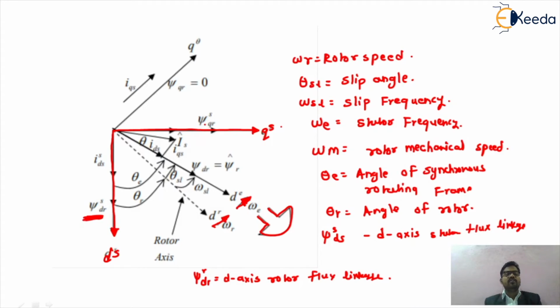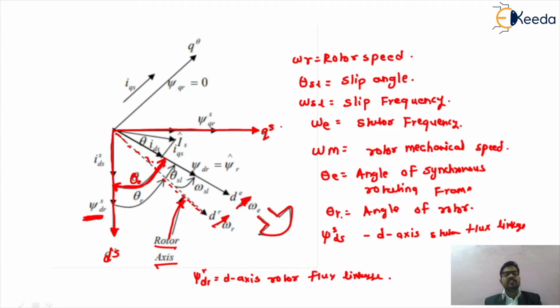This is the representation with respect to the rotor, and this is the rotor axis. Theta e is the angle of the synchronous rotating frame.